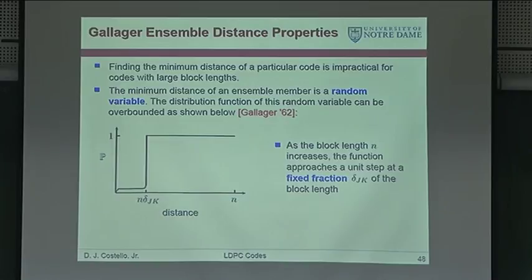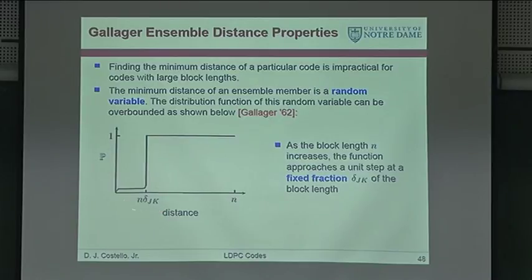So you can guarantee it if you let n go to infinity, but for large n, with high probability, you're going to get a code with at least this minimum distance.